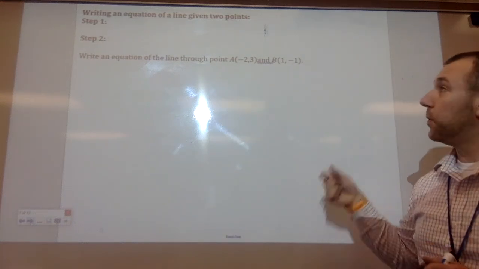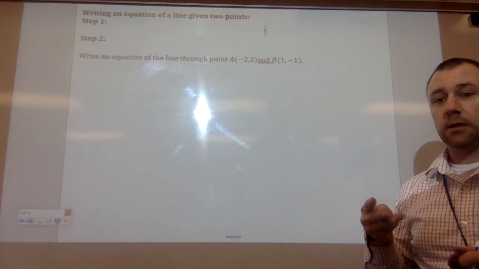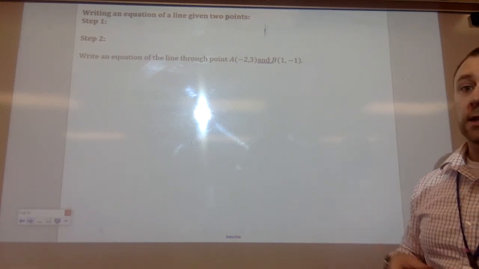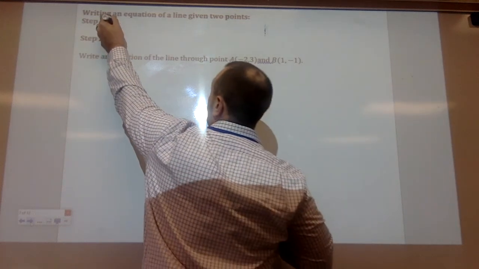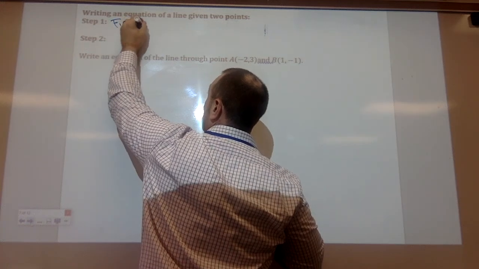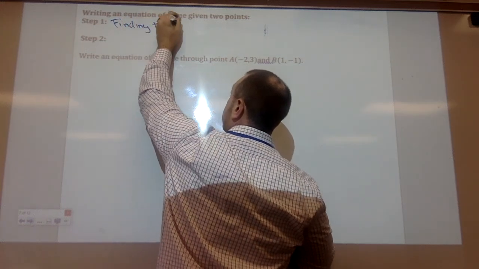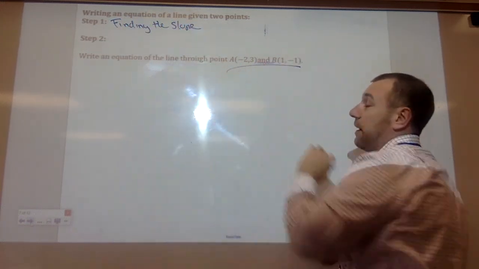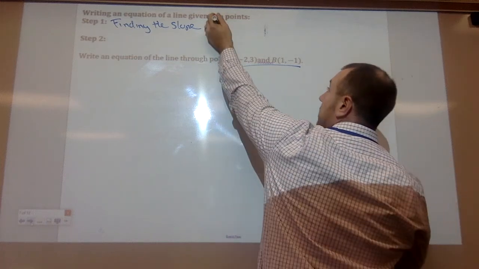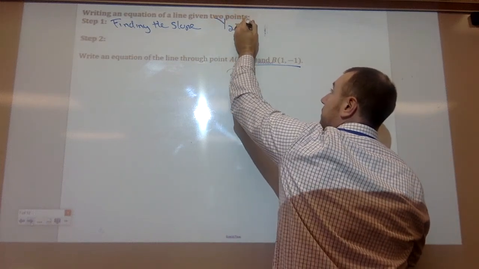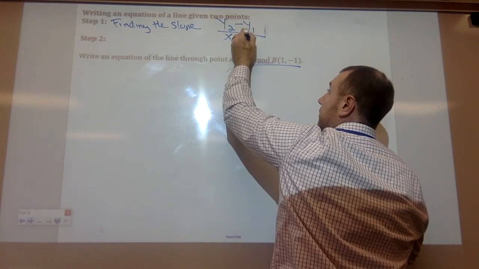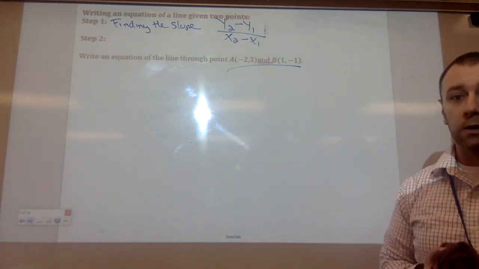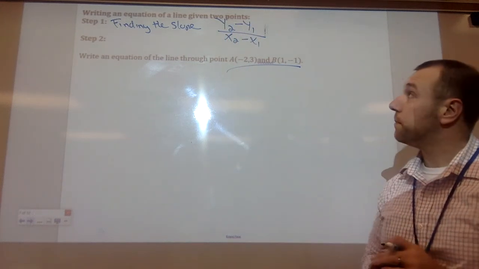When I'm given 2 points, I use a two-step process. That two-step process always starts off with finding the slope. If I have 2 points, I'm going to use my slope formula: y2 minus y1 over x2 minus x1.